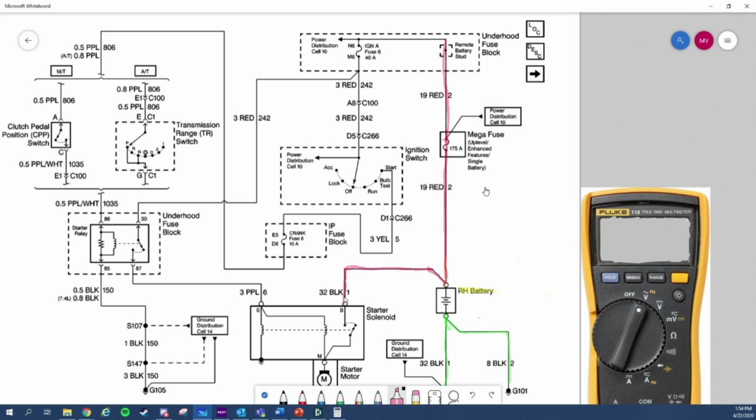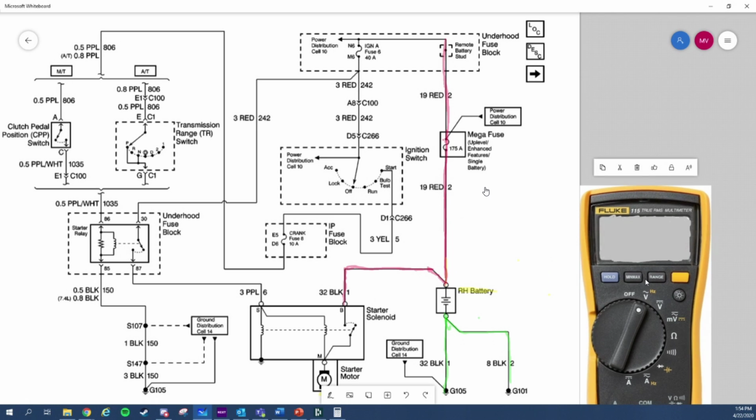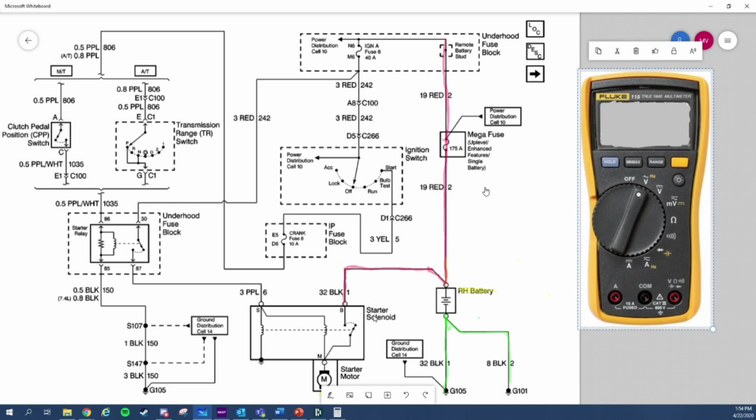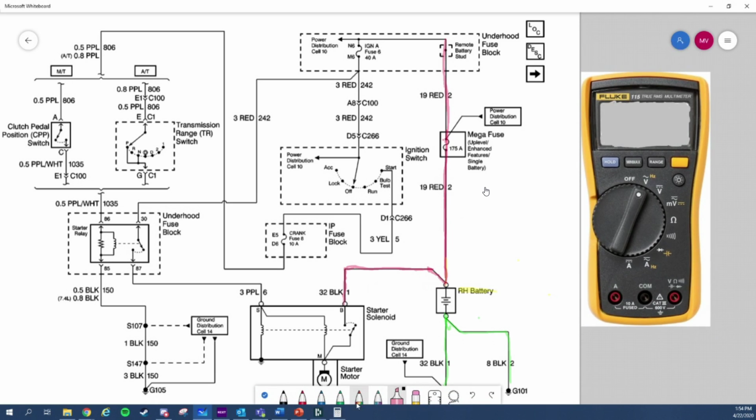So how do I check this circuit from 32 black terminal 1 all the way to my battery right here using my digital multimeter? How do I check a voltage drop from there to there? Where do I place my red lead? On the red, battery power. Black lead on the end of 32 black one.